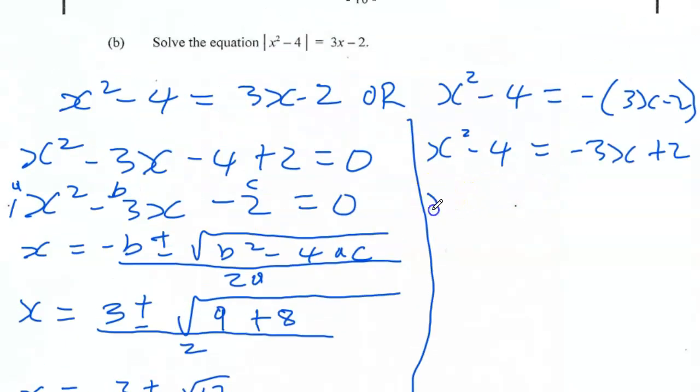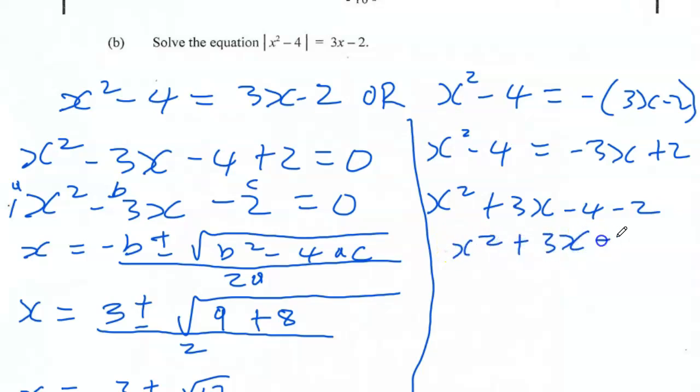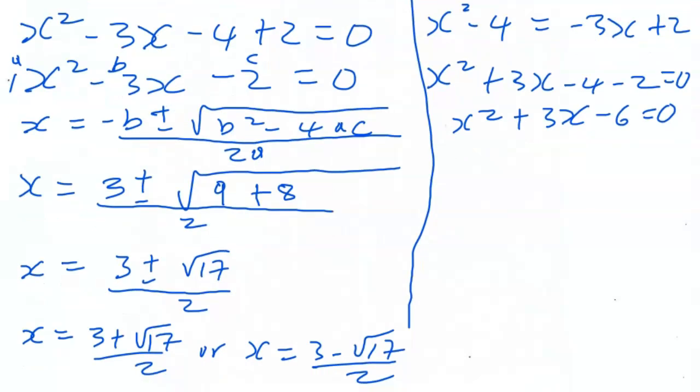So grouping, we have x squared plus 3x, and then we have minus 4 minus 2, right? So we have x squared plus 3x minus 6 equal to 0. Again, I don't think this can be factorized.